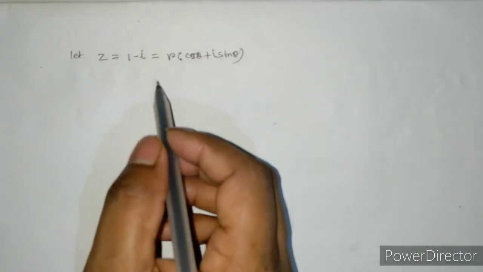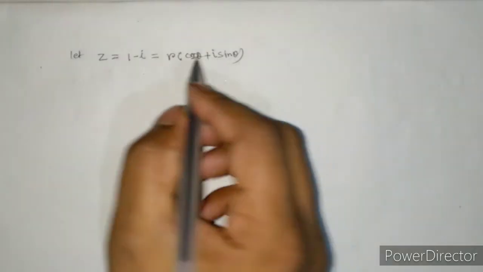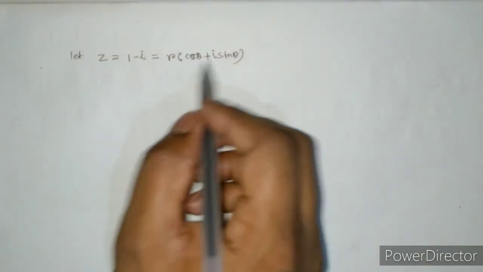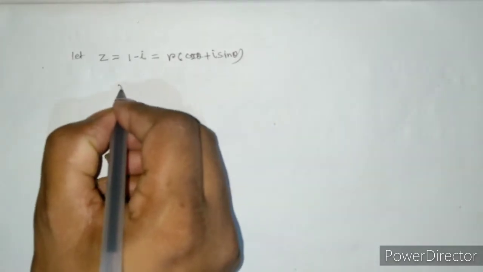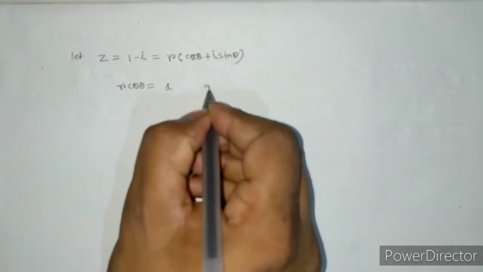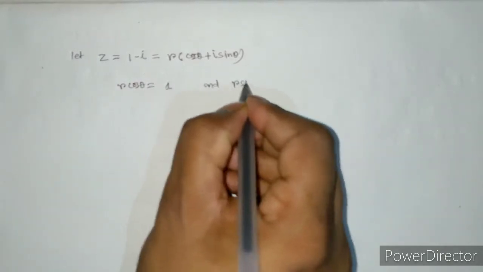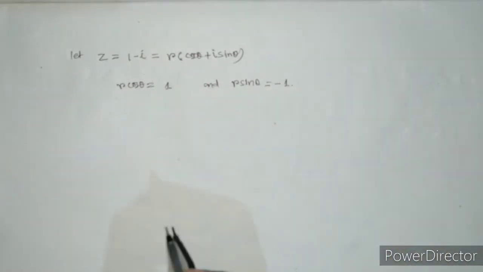To find mod z and argument z, always you have to express it in polar form. So we can write r cos theta equals 1 and r sin theta equals minus 1.